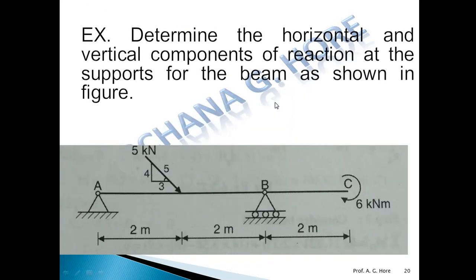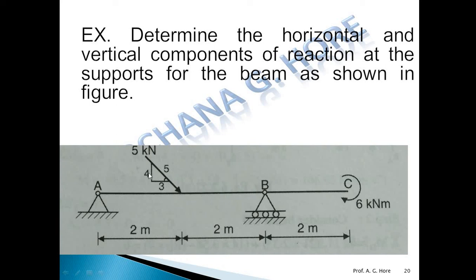Now next, determine the horizontal and vertical components of reaction at the support for the beam as shown in the figure. Here one inclined force is given, but the angle of inclination is not given, meaning the direction is not given, but the slope is given. Suppose this is a vertical line 4 and this is 3.